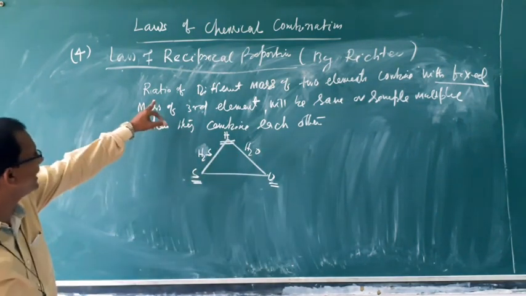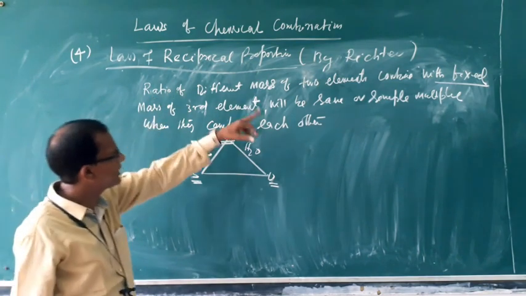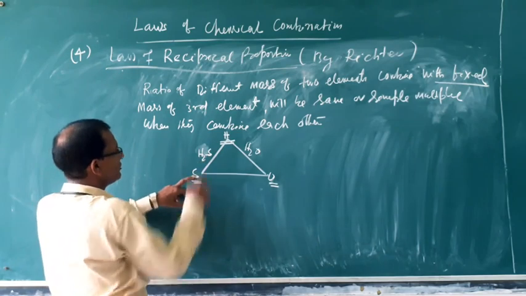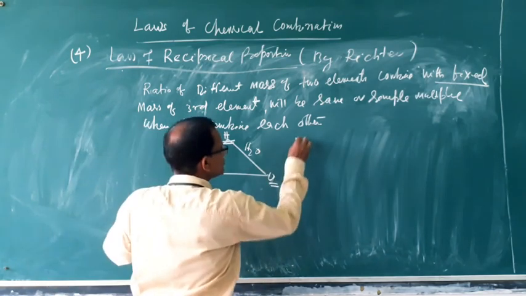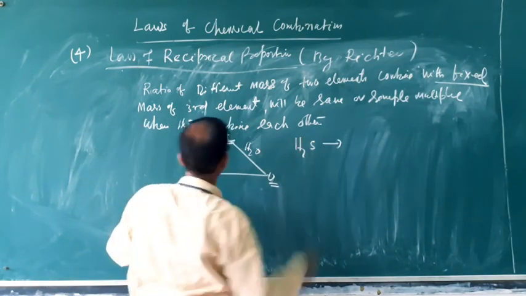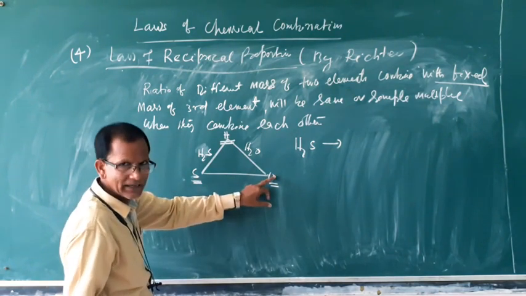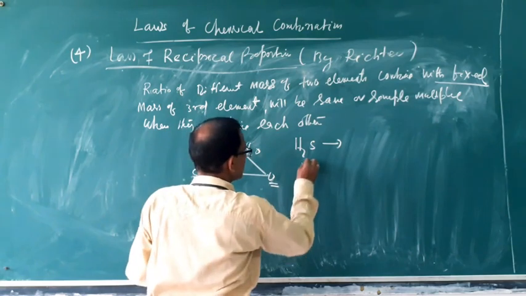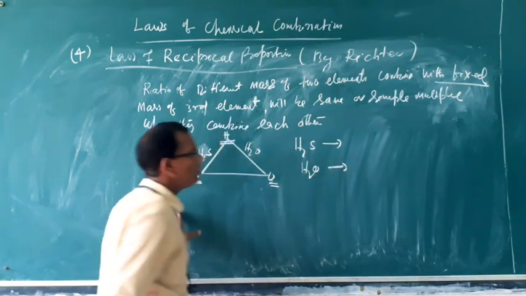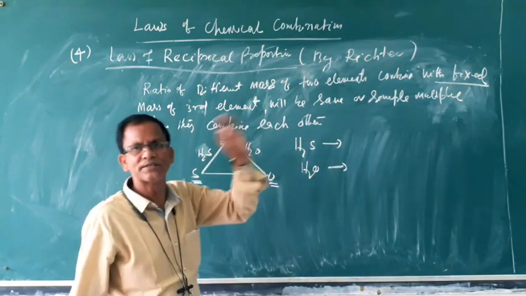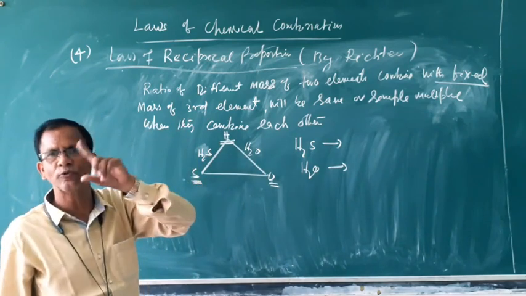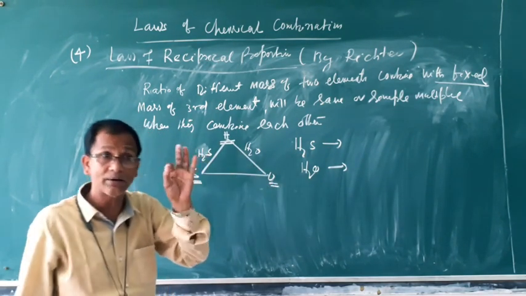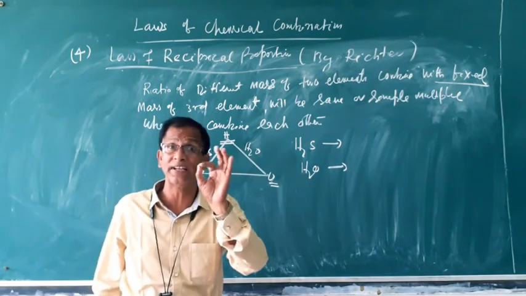The law is stating the ratio of different masses of two elements. Suppose sulfur combined with hydrogen is H2S, and the second element, oxygen, with the third element is water. Now you take the fixed mass. One element mass is fixed. Here hydrogen is common, and the common element mass will be taken constant.